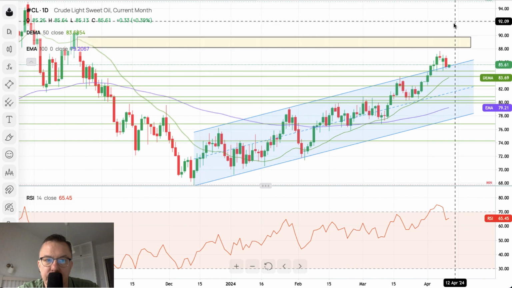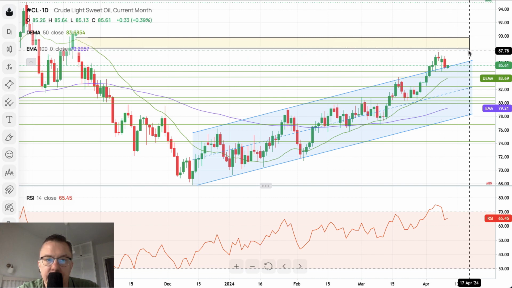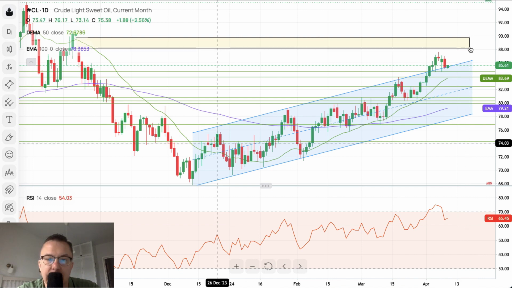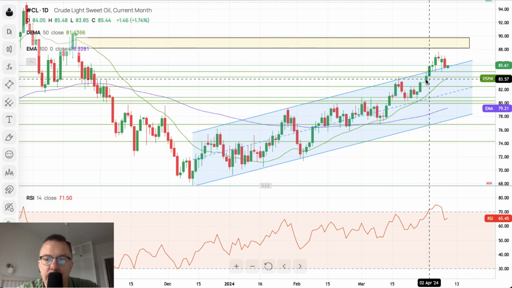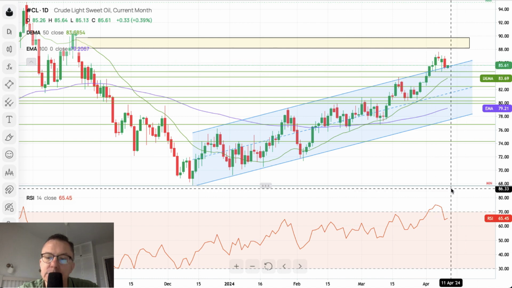This gap should be a magnet for the price, and we might see some sort of the action towards this gap, as long as the market stays above the technical support at 84.64 and the upper trend line, of course, right?